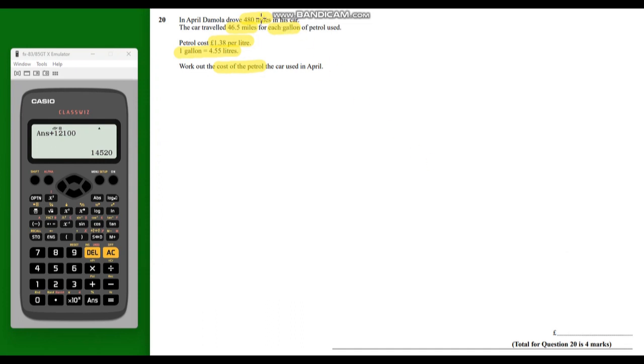Okay, so he travelled 480 miles. And the car travelled 46.5 miles for each gallon. So we can work out the number of gallons used by doing 480 divided by 46.5, because each gallon, that's how far he travelled.